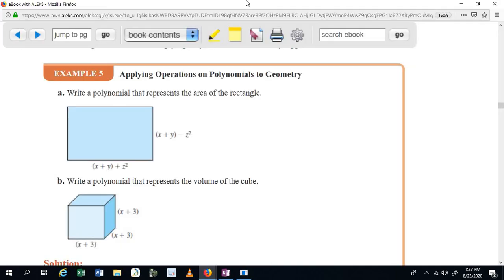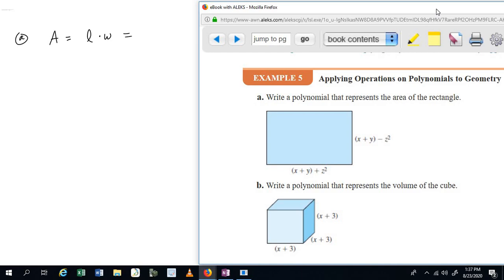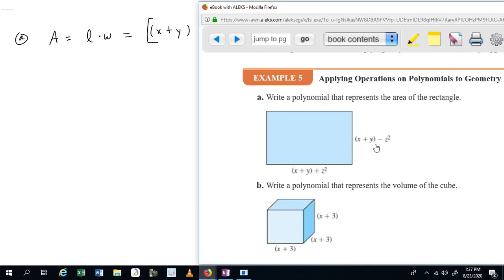Okay, so area, of course, is length times width. The length is x plus y plus z squared. That's the length, and we're going to multiply it by the width. If you remember, the width is x plus y minus z squared.